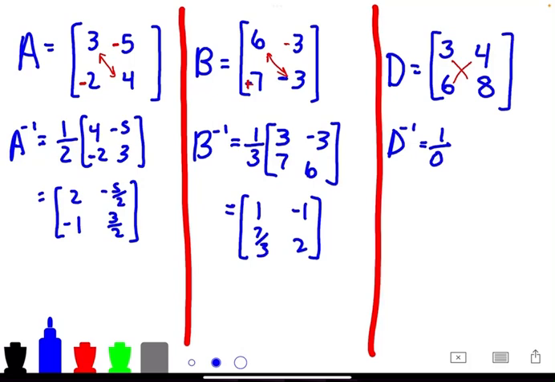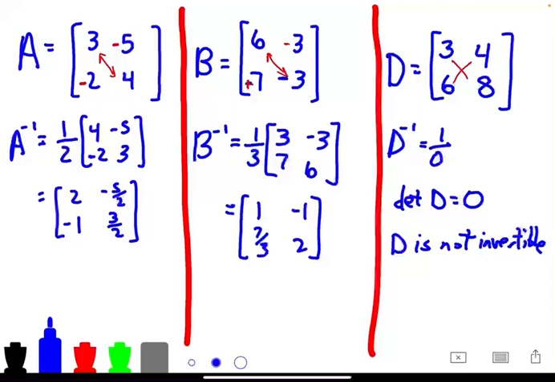We can just say that the determinant of D is equal to 0. Therefore, D is not invertible, which means we cannot find the inverse.